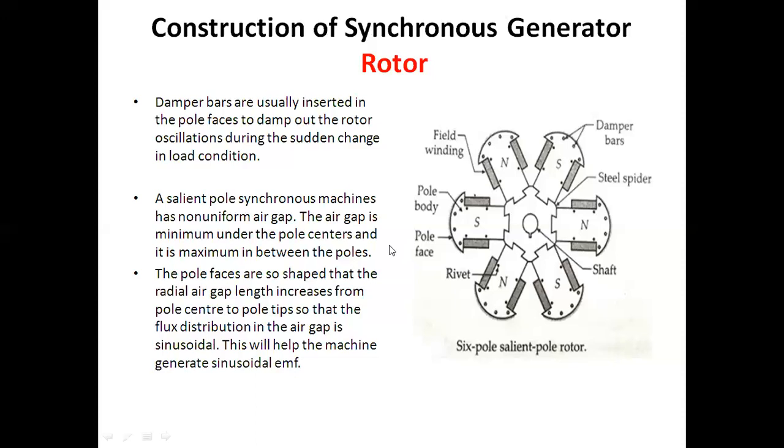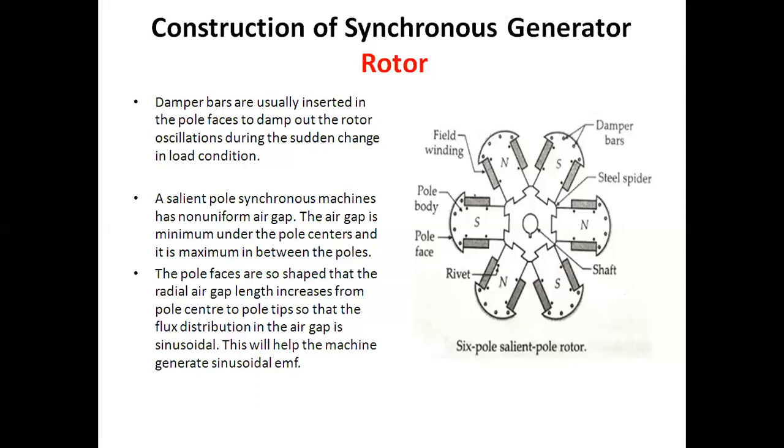A salient pole synchronous machine has a non-uniform air gap. The air gap is minimum under the pole centers and maximum in between the poles.